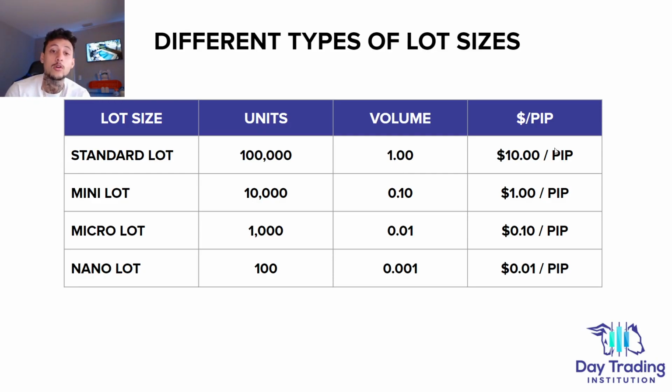So if you bought Euro USD and the market goes up 10 pips, you've successfully made $100. Obviously, we're going to go over everything in more detail later on, including the actual chart and how you can make money. But these are the things you need to learn.